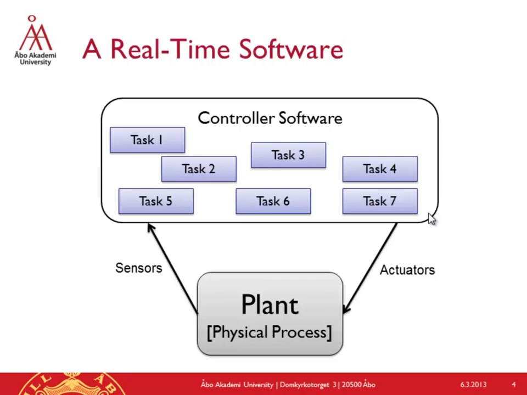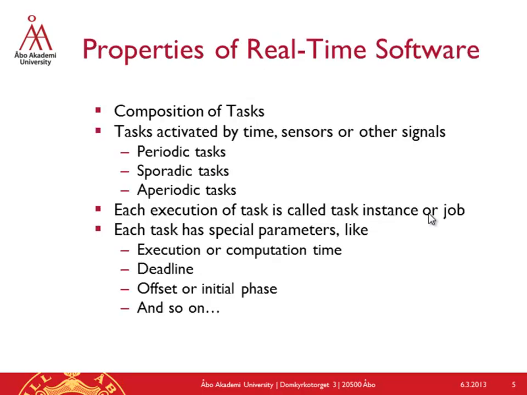What can be a task? A task usually is treated as a basic function or function invocation. So, just summarizing, real-time software is composed from several tasks. Each task might have different behavior. Usually, if a task is periodic, it means that it is executed with a certain period of time.